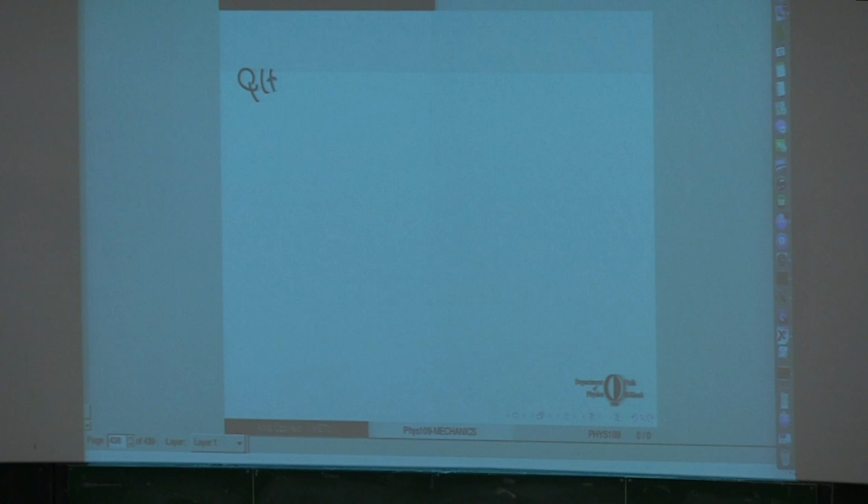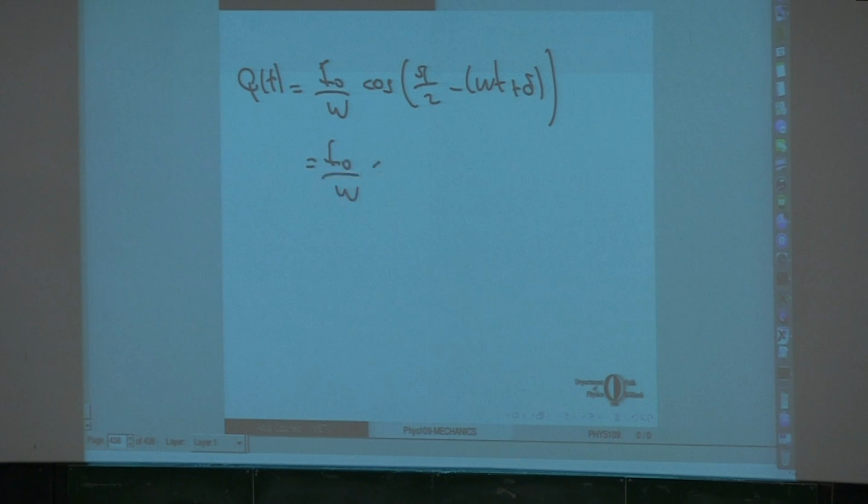Q of t was I0 over omega cosine of pi over 2 minus omega t plus delta, but this is also the same thing as I0 over omega cosine of omega t plus delta minus pi over 2. Cosine of an angle is equal to cosine of minus that angle. So whichever vector this corresponds to, it makes 90 degrees with omega t plus delta. The angle it makes with the horizontal axis is reduced by pi over 2.